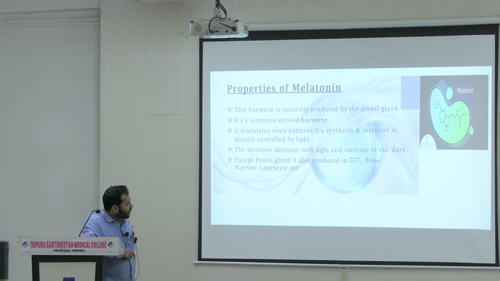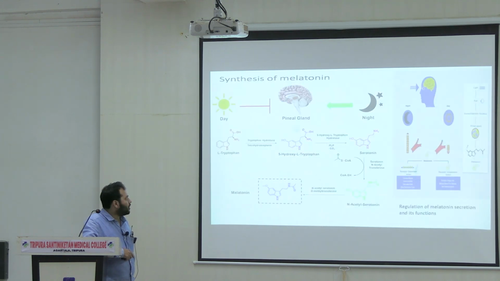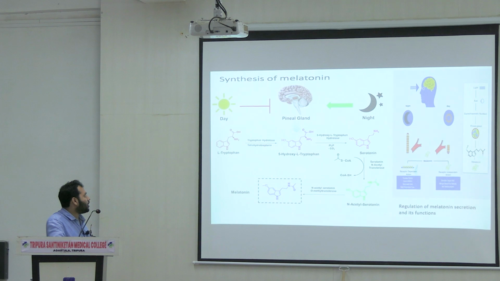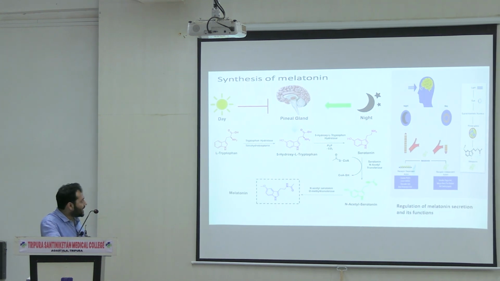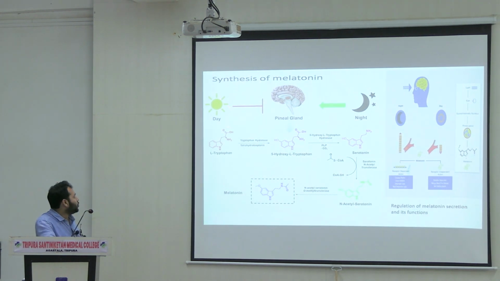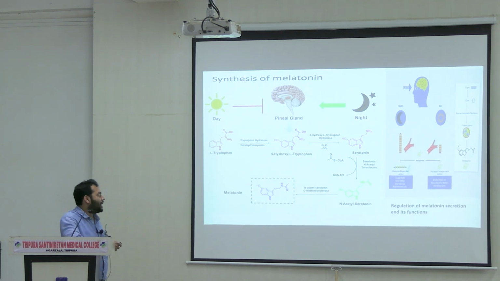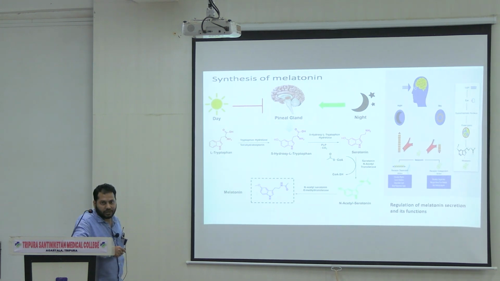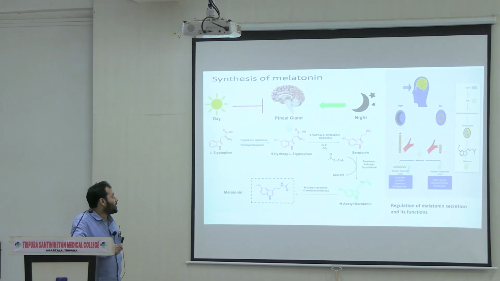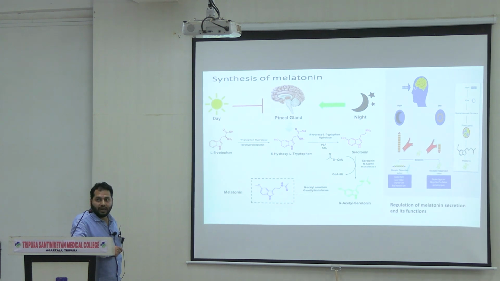Now, the question is, what is the exact mechanism of the secretion or synthesis of melatonin? As I've already mentioned, there are two important conditions that stimulate the gland for the secretion of the melatonin hormone, right? One is daylight and the other is dark. Both conditions influence the functions of the pineal gland.